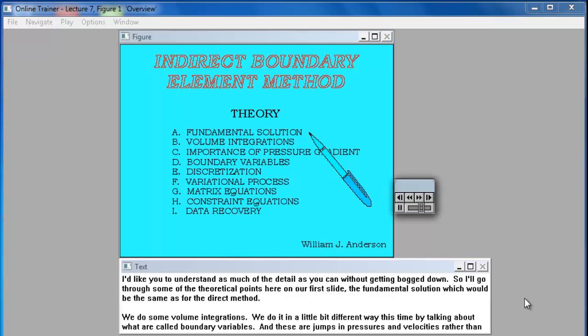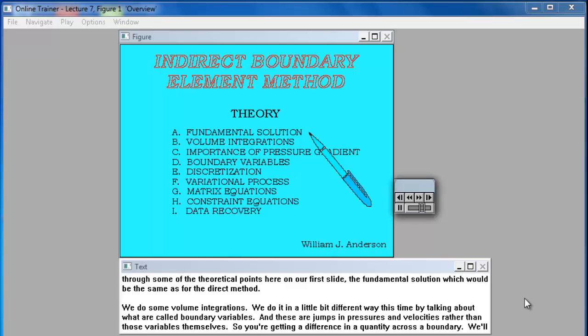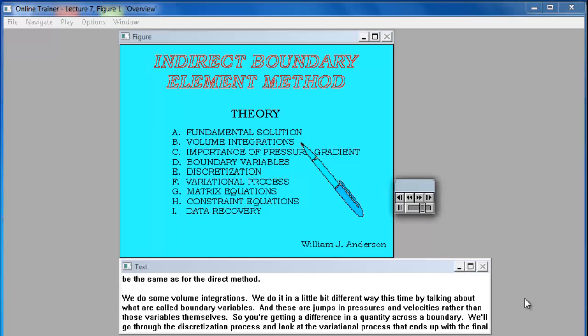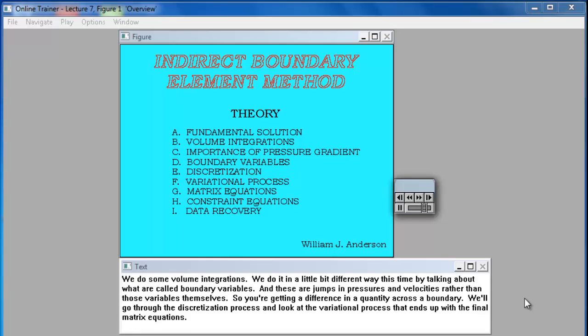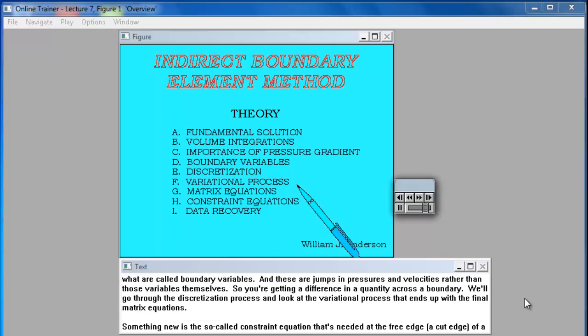The fundamental solution would be the same as for the direct method. We do some volume integrations. We do it in a little bit different way this time by talking about what are called boundary variables. And these are jumps in pressures and velocities rather than those variables themselves. So you're getting a difference in a quantity across a boundary. We'll go through the discretization process and look at the variational process that ends up with the final matrix equations.